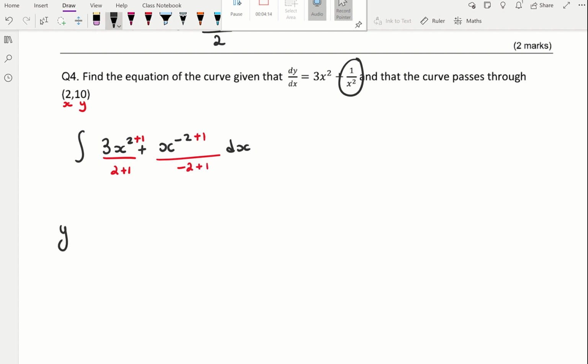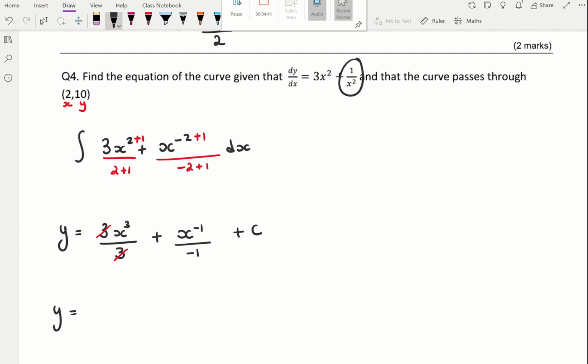So I've got y equals, and it is 3x cubed over 3, and then plus x to the power of negative 1 divided by negative 1 plus c. And then I tidy this up a bit. So 3 divided by 3 is 1.